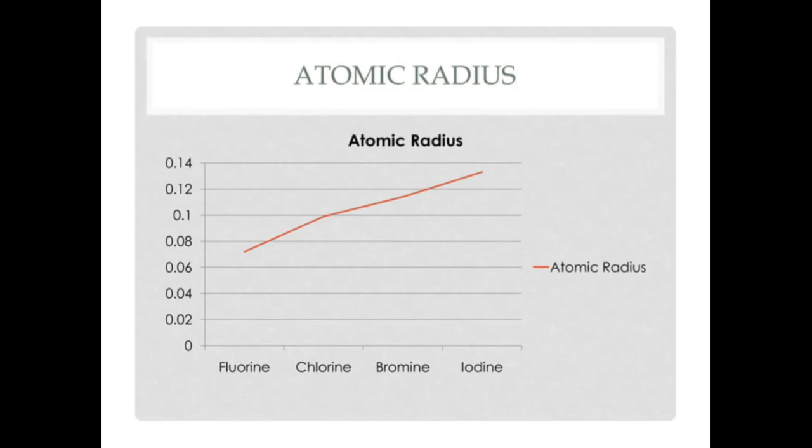It's quite easy. As you move down the group, the number of shells increases. That means the outer electrons are going further away from the nucleus, so the atomic radius, the distance between the electrons and the nucleus, increases. The atomic number is also increasing. So the atomic radius increases down the group.